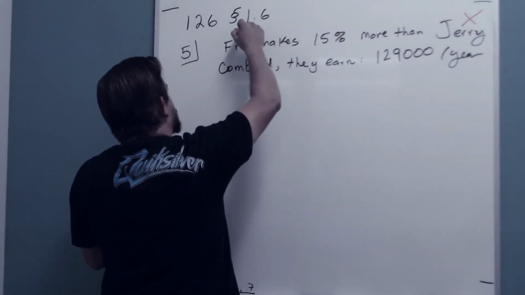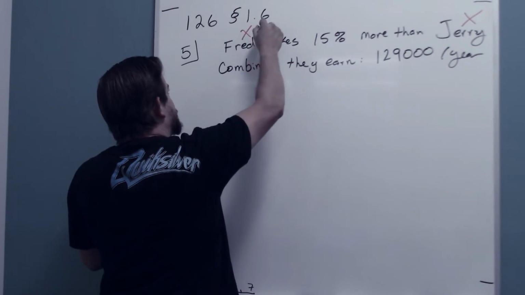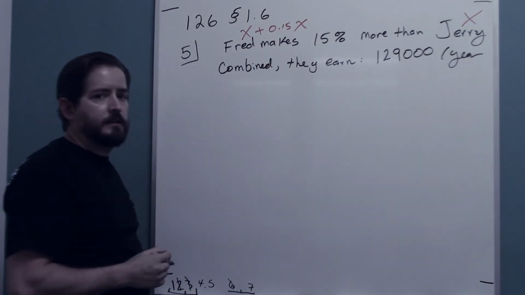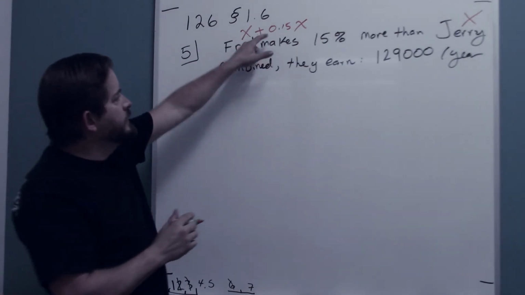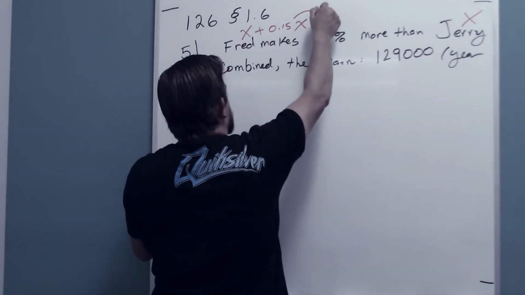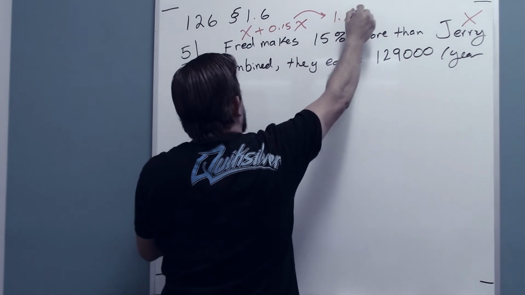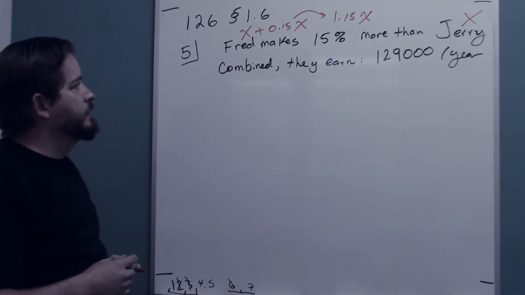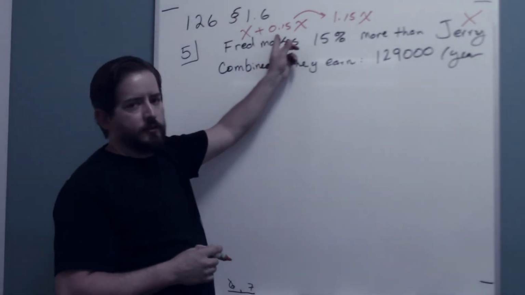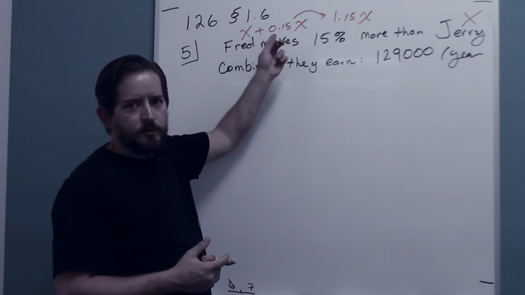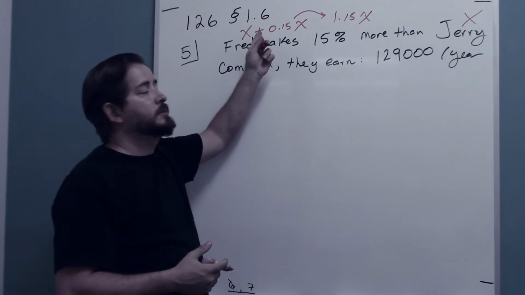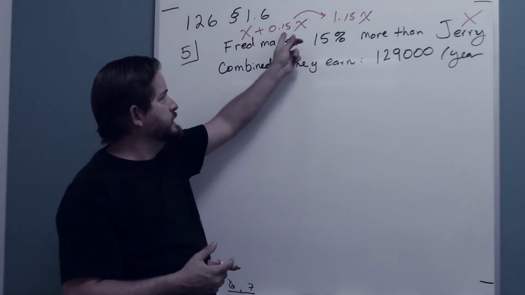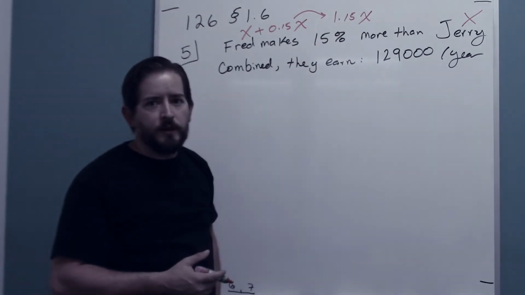So Fred makes what Jerry makes plus 15% in addition to that, which I can rewrite as 1.15x, right? And I think this right here is key to the problem. Obviously, you need to be able to do this, but I think this is where most people will stumble. It's x plus 15% more than x, so plus that 0.15, which is 1.15x.